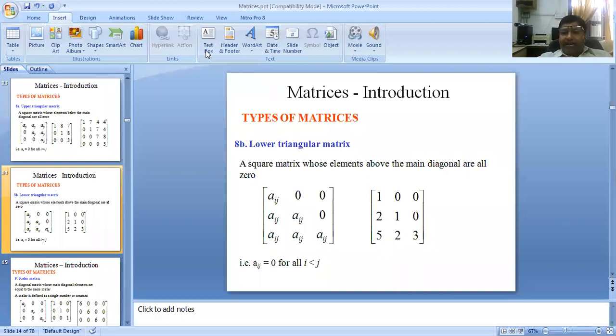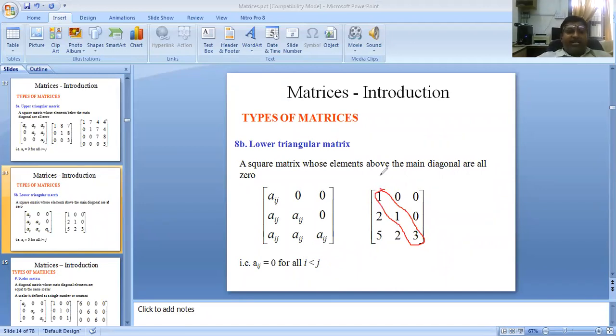In a triangular matrix, if all the elements above the principal diagonal are 0, it is called a lower triangular matrix. So we define a lower triangular matrix as a square matrix in which all elements above the principal diagonal are 0.